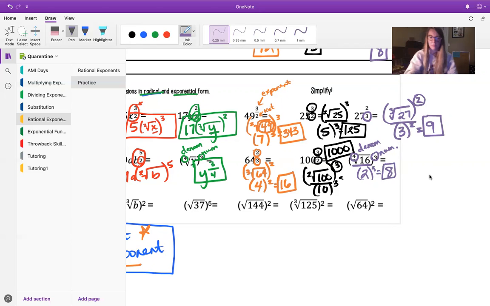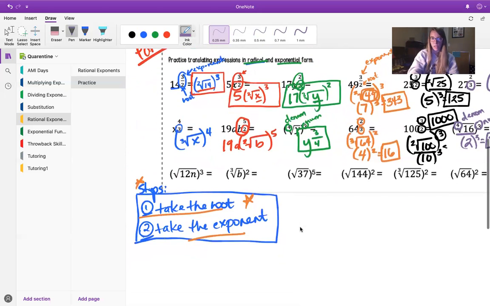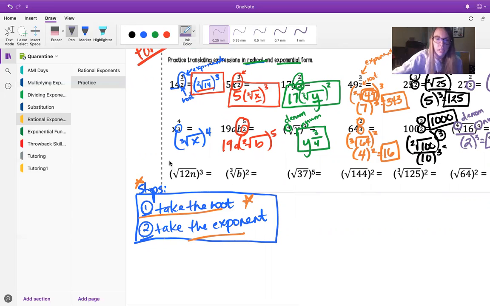All right, last row, and then we are finished with week 2, day 1. Okay, next. So the square root is understood to be 2, even though it didn't have a number there to begin with. If there's not a number there, it's understood to be 2. So we know our root is our denominator, and our exponent is our numerator.